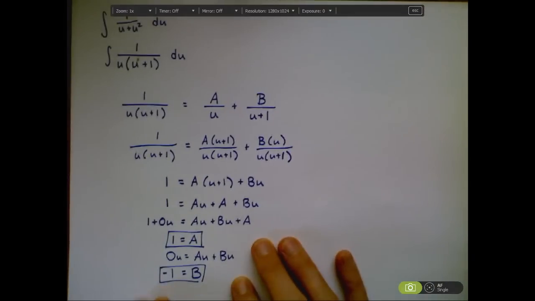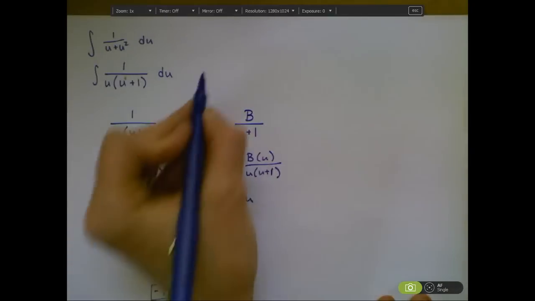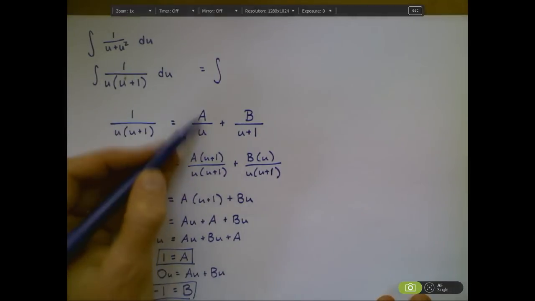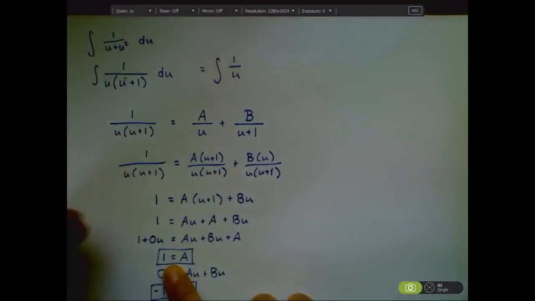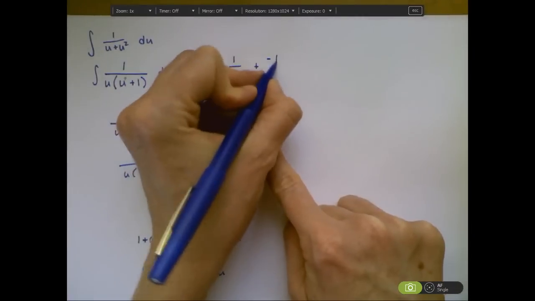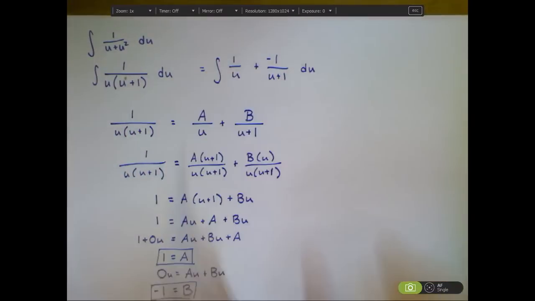Oh, sorry, I was off the board a little bit. And going back to our original fractions, that means that this integral up here is equal to the integral of a was the numerator of u, so this is 1 over u, plus what was b, negative 1, over u plus 1 du.